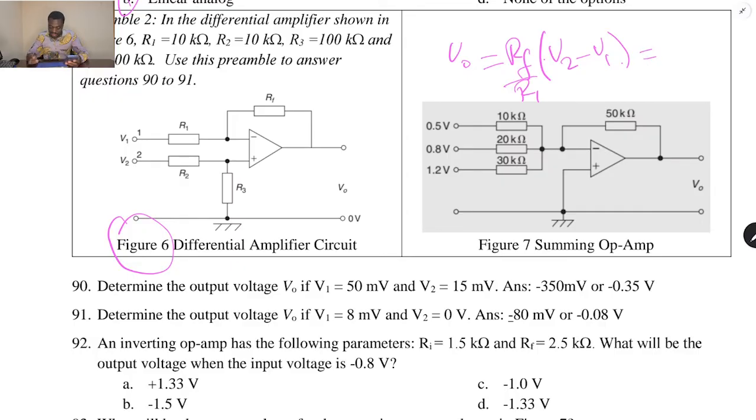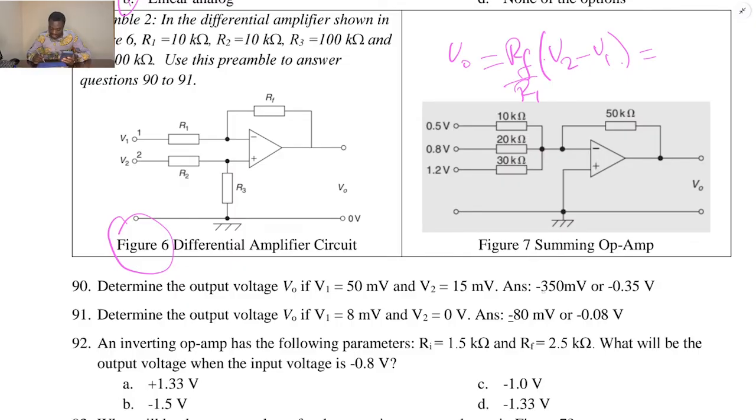Well, we can just look at what we have and then we just do it straightforward. So you can see here from this question, we are going to have 15 minus 50.